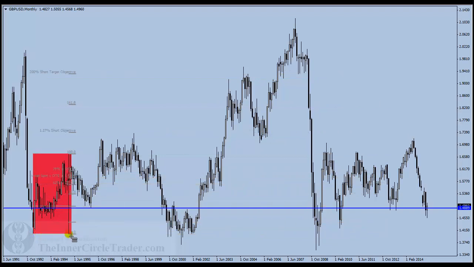Let's bring it over here so it's a little bit easier to see. 50% is right in here, so this is what would be deemed fair value or equilibrium between the high and the low. So equilibrium is right in here.